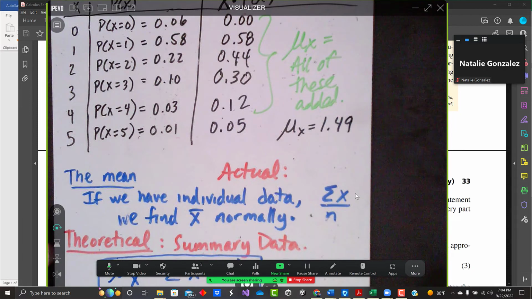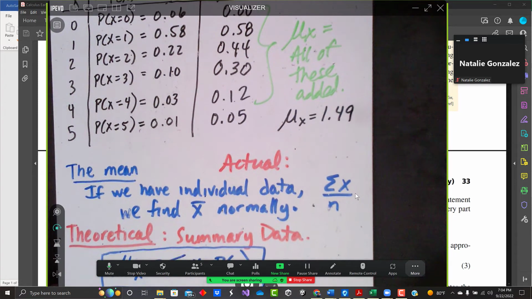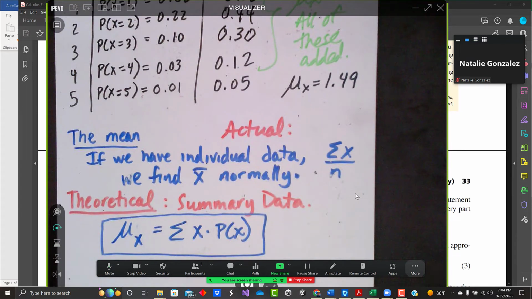And so what happens if we actually had data? If I can go up and write a little bit more.